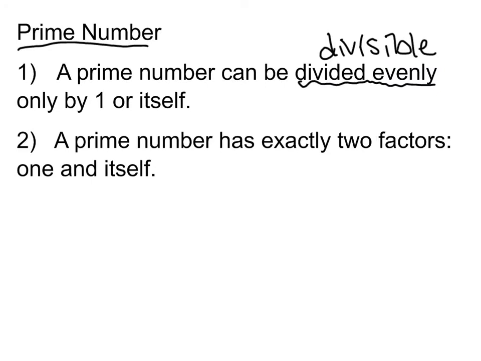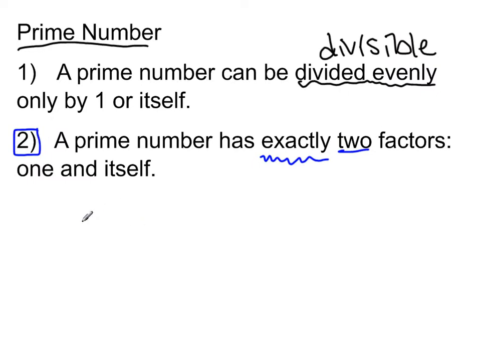The other definition we have is a prime number has exactly 2, and I mean exactly 2 factors, 1 and itself. All right, now the second definition is the better definition. The first definition is usually easier for brains to comprehend.